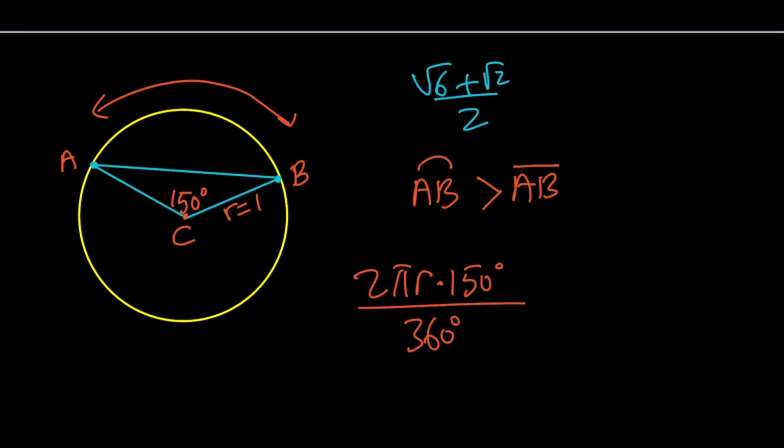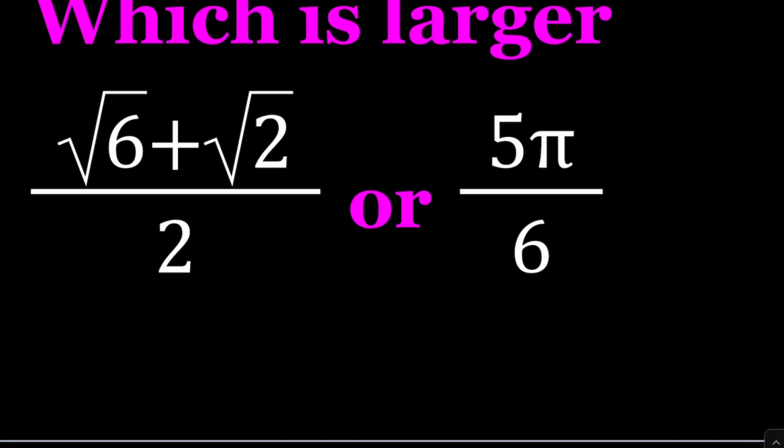Now here we can simplify this. For example, let's see. I can first cross out the zeros, and then 2 goes into 36 18 times, and then 15 and 18 are both divisible by 3. So it's going to give me 5 over 6. And since r is 1, this becomes 5 pi over 6. Does that look familiar? Okay, let's go back and look at one of the numbers we're comparing.